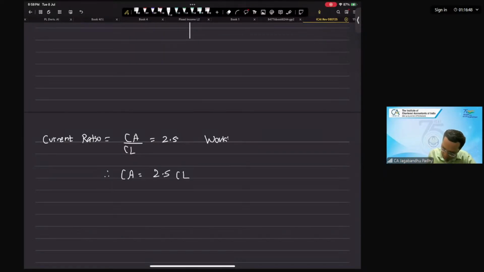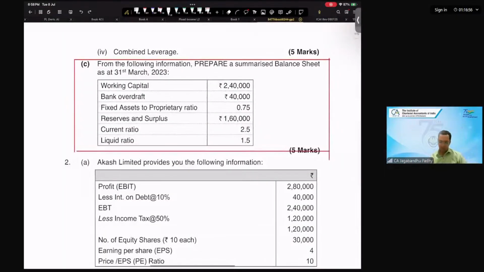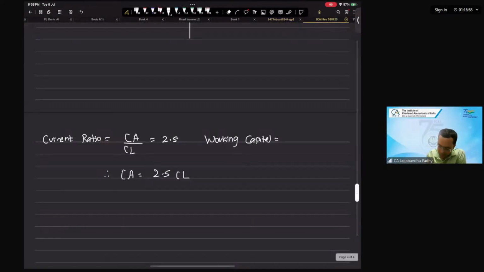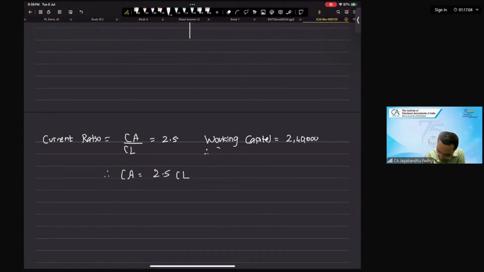Then we have the working capital. So working capital is 2,40,000. This working capital of 2,40,000 is going to be current asset minus current liability equal to 2,40,000.